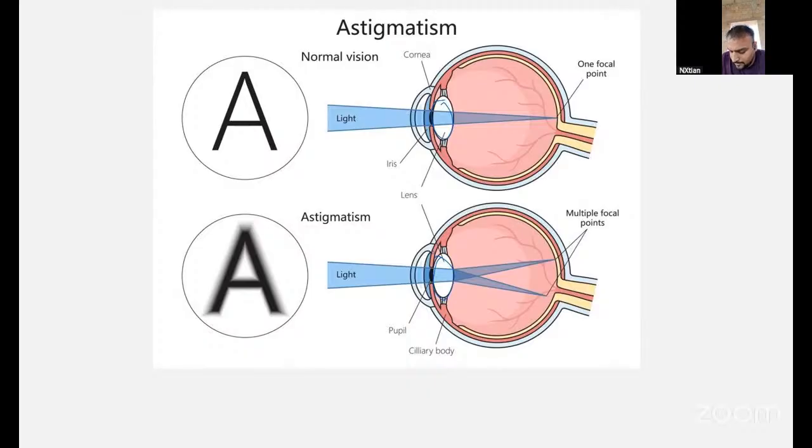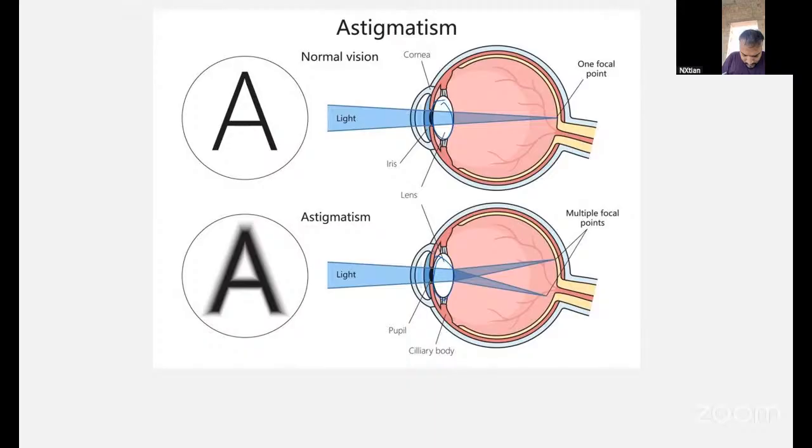This defect in direction can be corrected by cylindrical lenses.